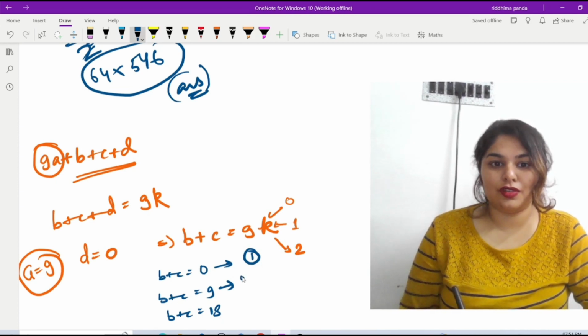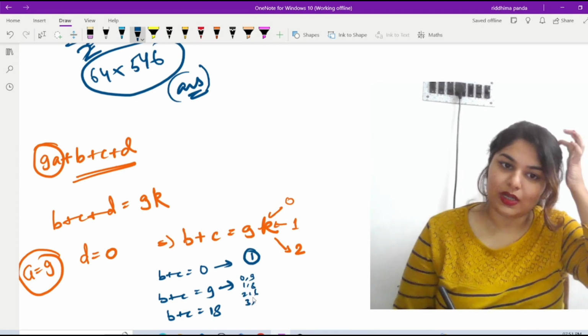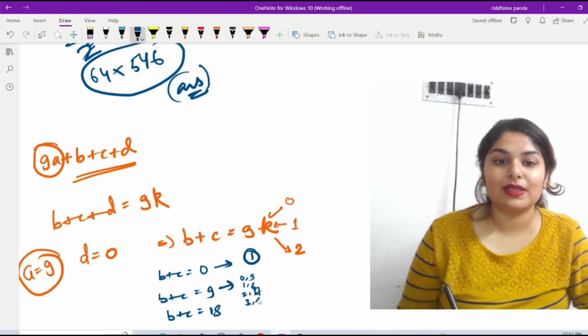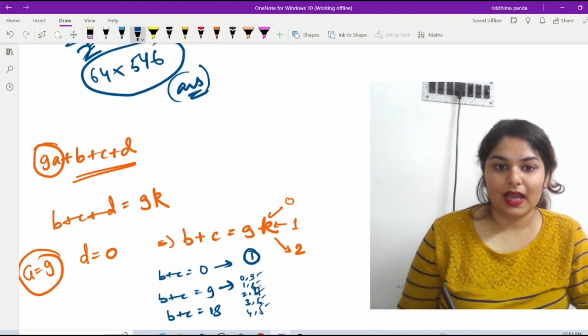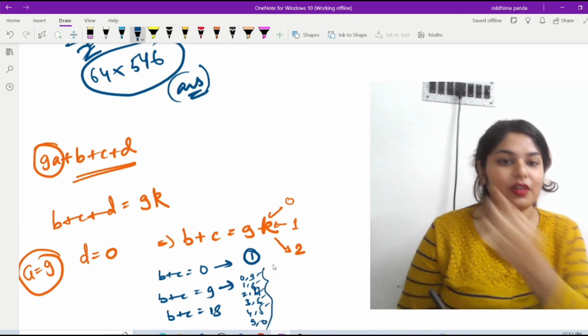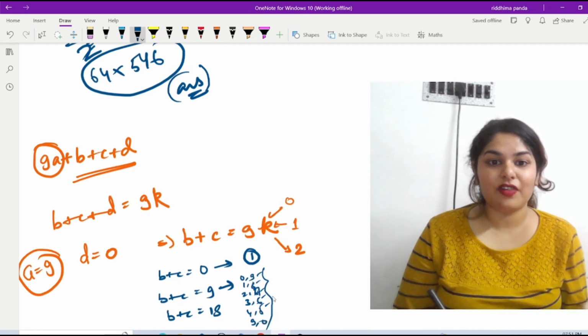Now the next case says that B plus C is equal to 9. So what are the combinations? 0 and 9, 1 and 8, 2 and 7, 3 and 6, 4 and 5, right? So that is 1, 2, 3, 4, 5, and obviously 9 and 0, and so on, reversing them.